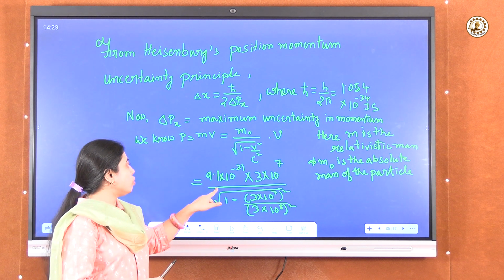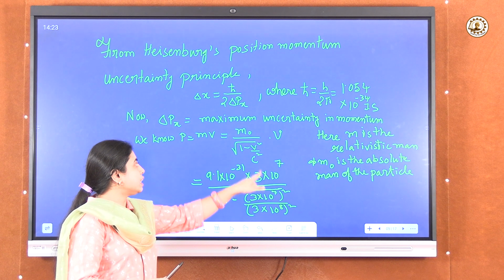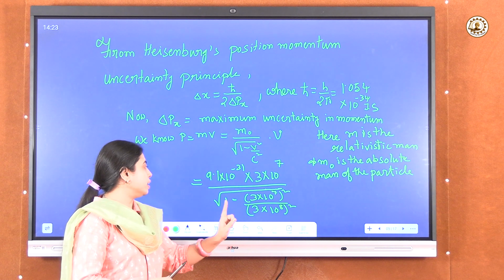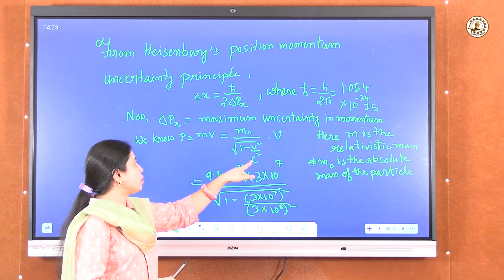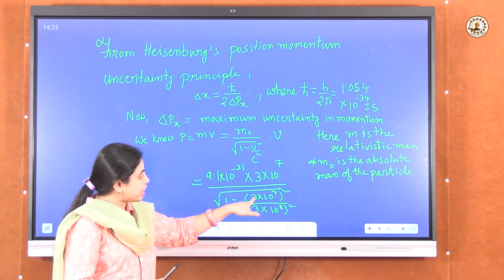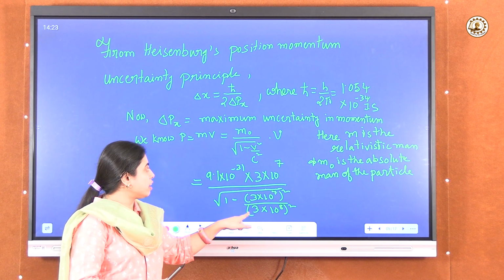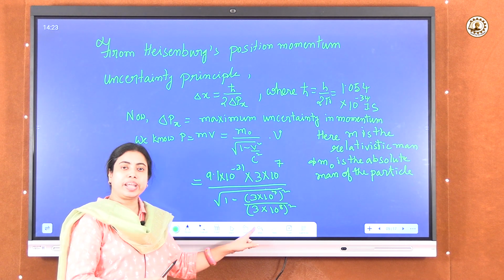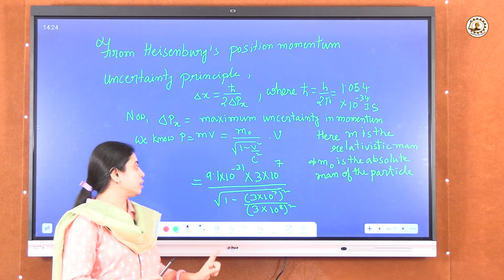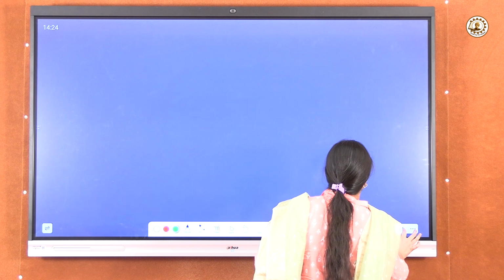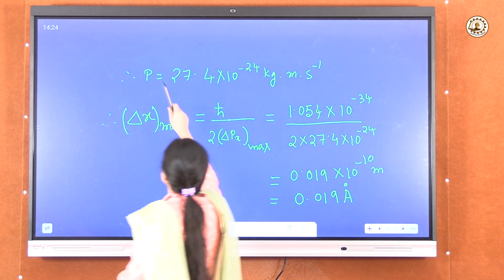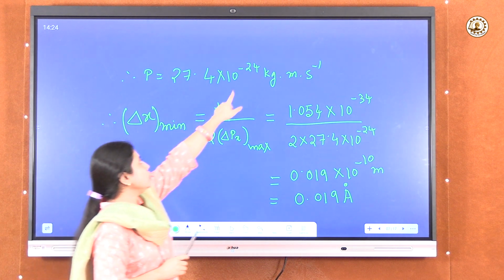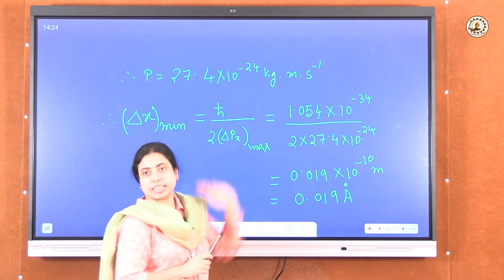So we are writing the value of mass here and we are taking the velocity which is given in the question, that is 3 into 10 to the power 7, divided by the square root of 1 minus v square by c square. So I have written the value of v whole thing square divided by the value of c, that is velocity of light, whole thing square. So that is 3 into 10 to the power 8 whole square. If I calculate this whole thing, I will get the value of the relativistic momentum as 27.4 into 10 to the power minus 24 kg meter per second.